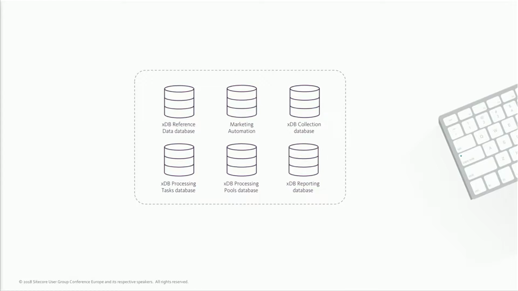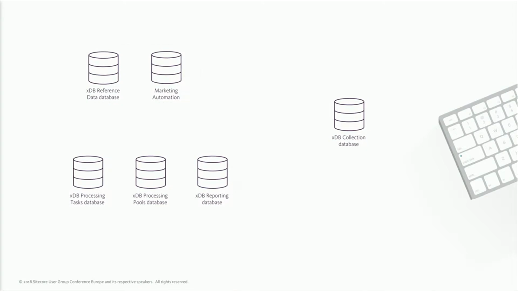But typically what we need to do first with databases is isolation. This allows us to maximize resource usage and dedicate the resources for writing and handling the operations as they come in. Now what we did here is we isolated out XDB. This is probably the first thing you're going to do with any of your installations.